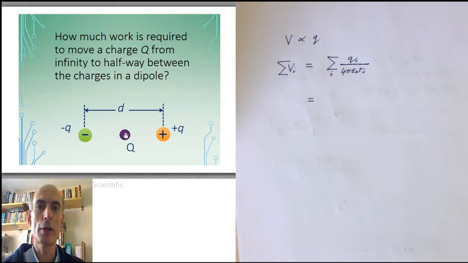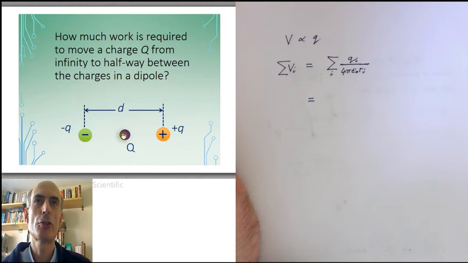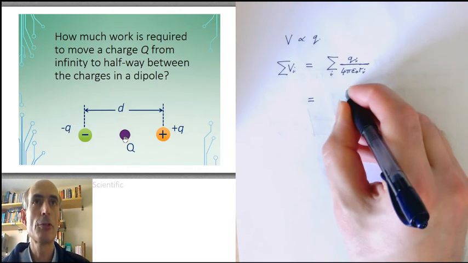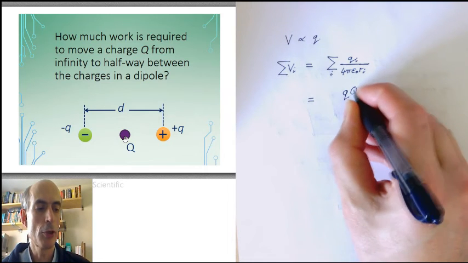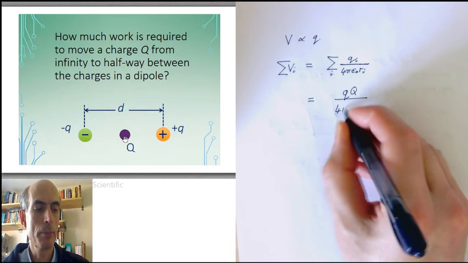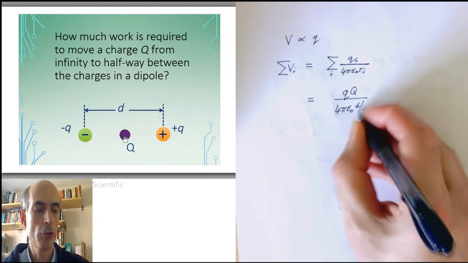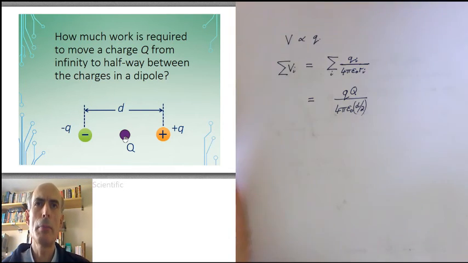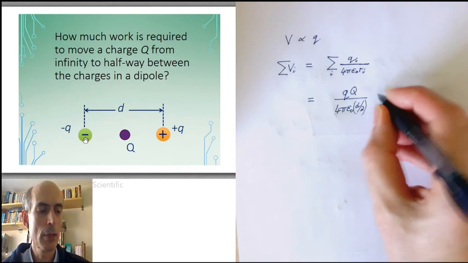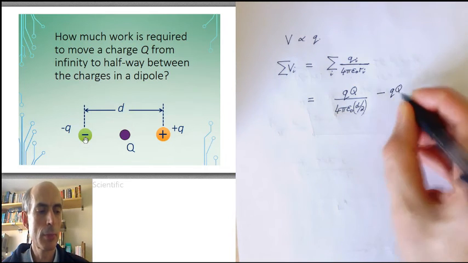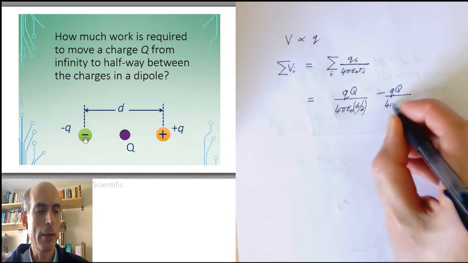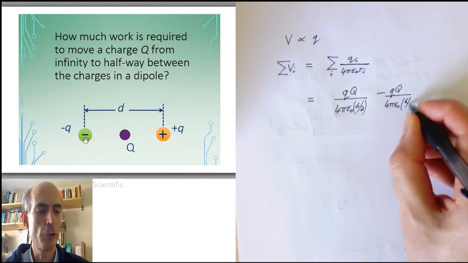So the amount of work I need to do to get my charge Q, a distance d over 2 away from this positive charge, is Q times Q over 4 pi epsilon naught d over 2. The amount of work I need to do to get my charge, a distance d over 2 away from this negative charge, is minus Q over 4 pi epsilon naught d over 2.